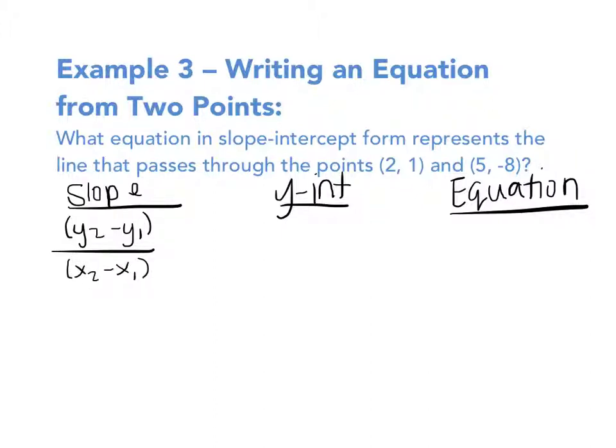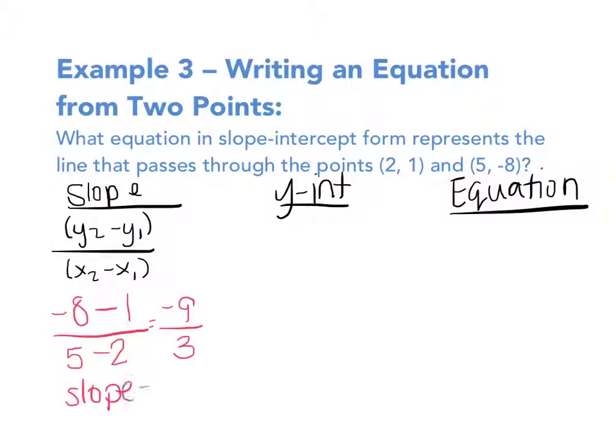So I'm going to plug in my x and y values. y2 is negative 8, y1 is 1, so negative 8 minus 1 all over x2 is 5, and x1 is 2. So we have negative 8 minus 1 all over 5 minus 2. That equals negative 9 all over 3. So the slope is negative 3.